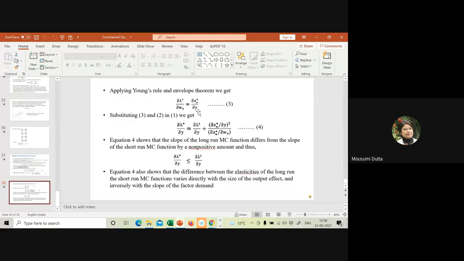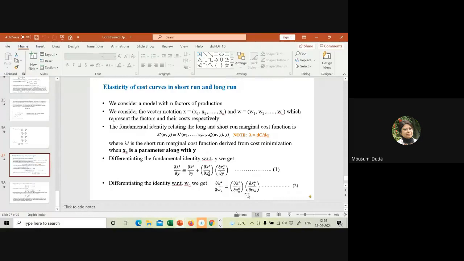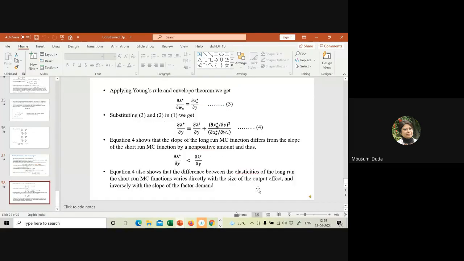Now we will replace this with del xn star by del y in that place, and writing this in this format, del xn star by del y whole square divided by del lambda star by del Wn.